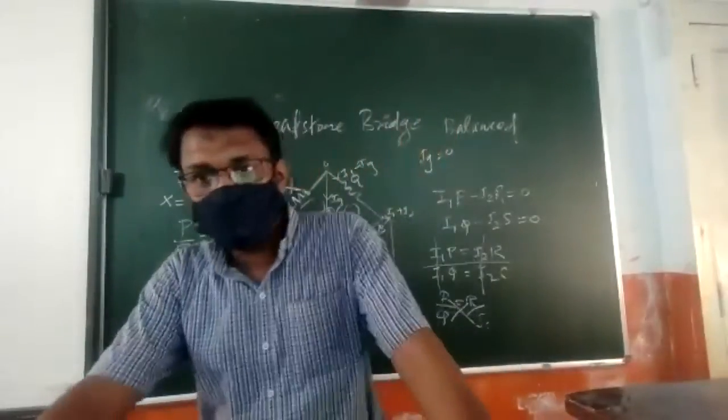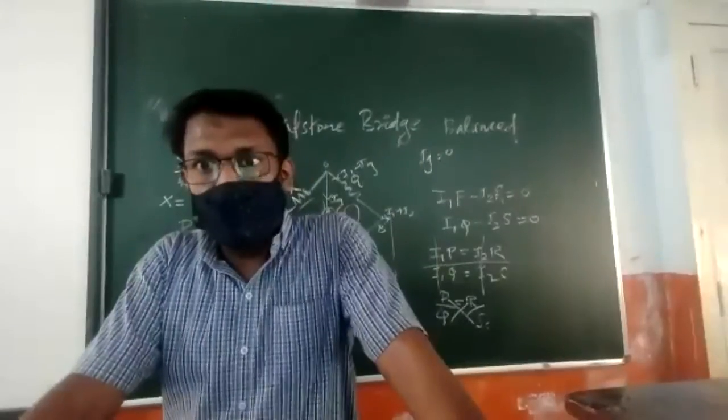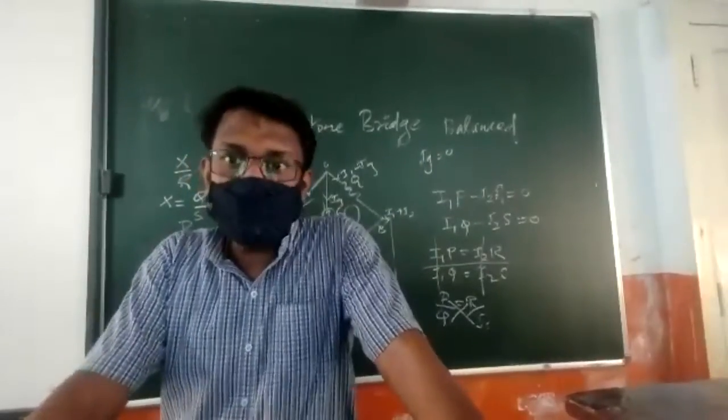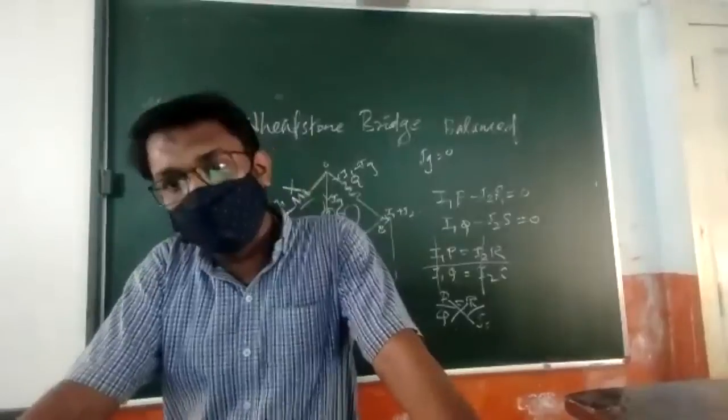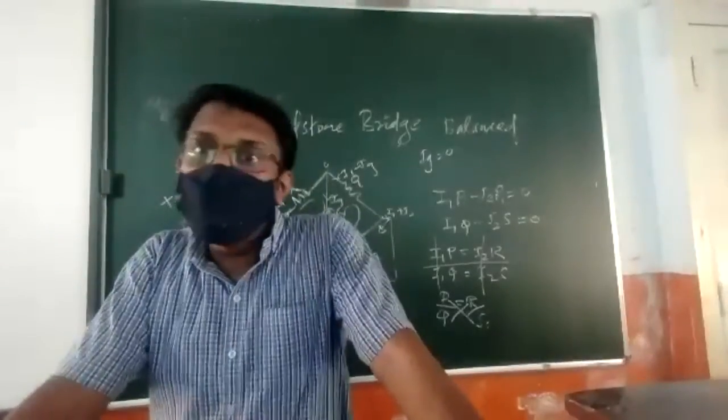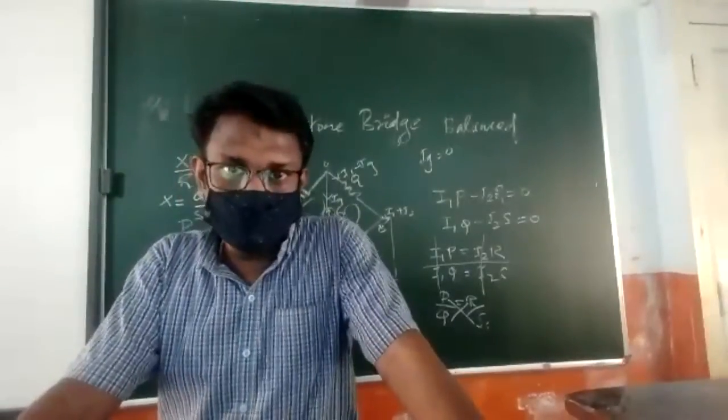Okay, so that is Wheatstone bridge arrangement and its balanced condition and how it is used for finding the value of an unknown resistance provided. Is it clear?